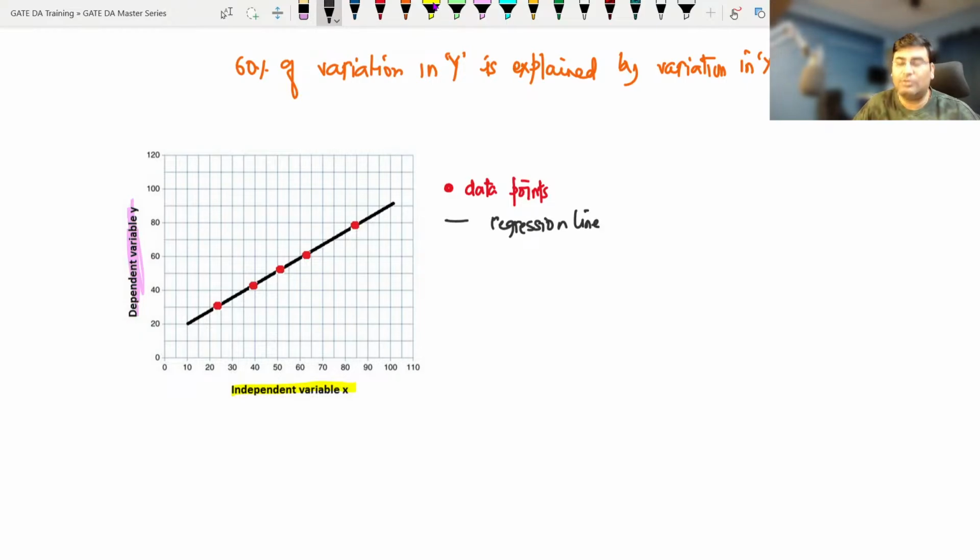If you observe closely, the line is passing through all the data points, which means that if you do the R square calculation for this particular data set, it will come to 1, or 100%. So what is the interpretation of this? It means your model perfectly captures every variability in y with the help of x.